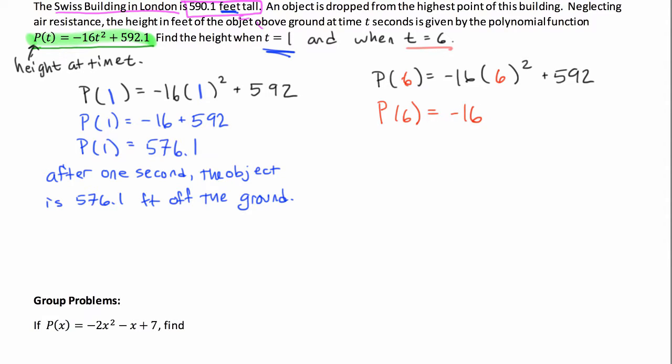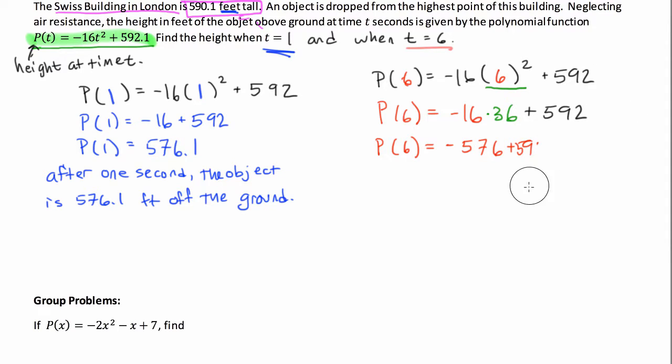Now that 6 squared is 36, plus 592. So I end up with P of 6 equals negative 16 times 36 is negative 576 plus 592.